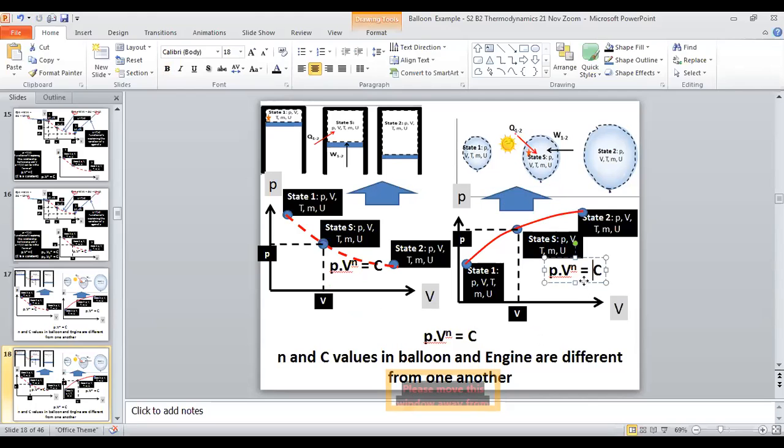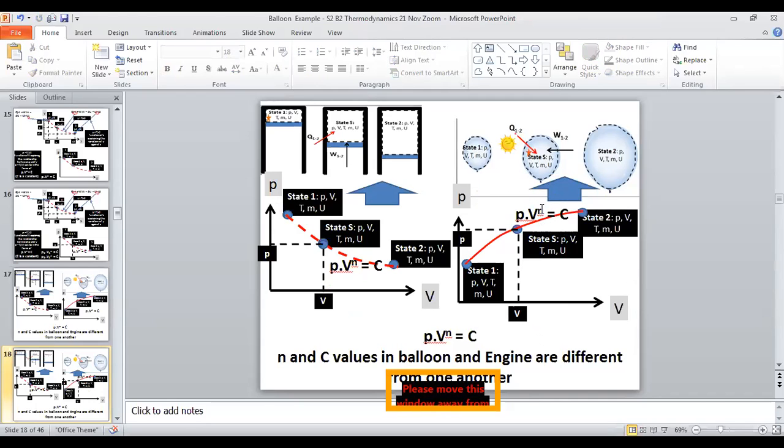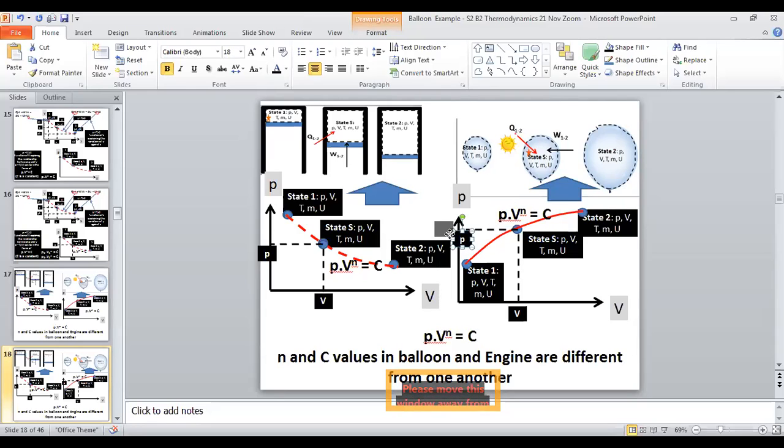So your PV to the power n is here. PV to the power n equals constant is about the relationship between this P and V. I believe you can understand this very well.